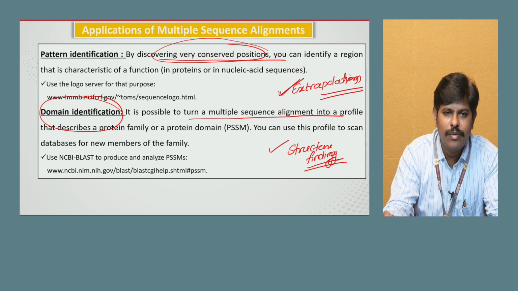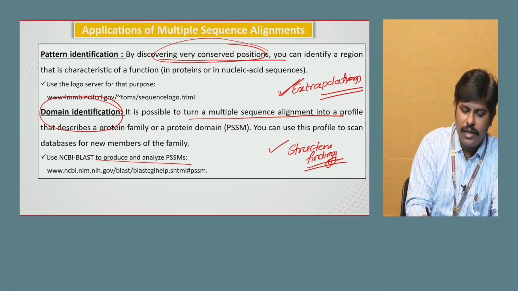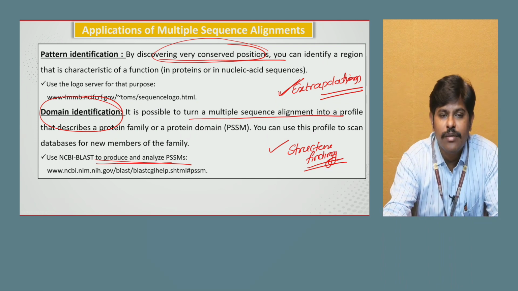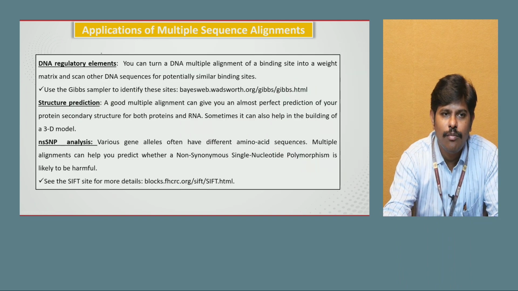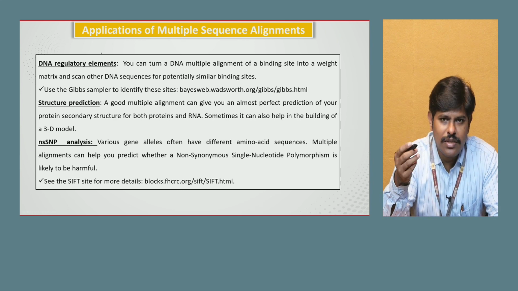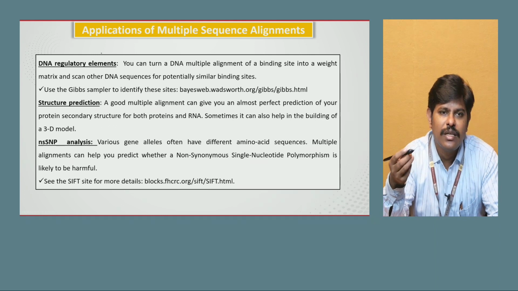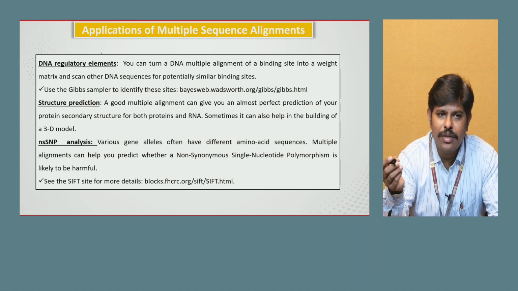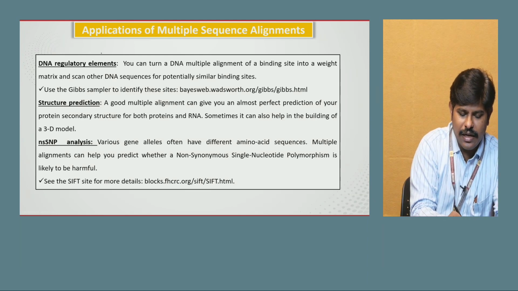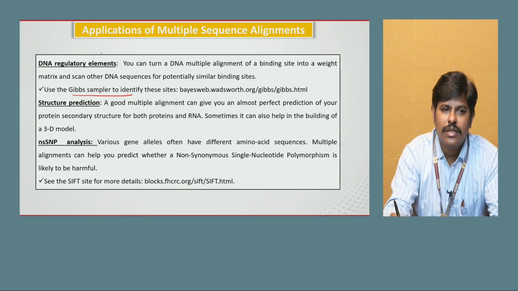You can use NCBI BLAST, PSI-BLAST, for deriving the PSSM for a set of proteins. Similarly, in DNA regulatory elements, the origins of replication, promoters, enhancers, telomeric regions, and centromeric regions can be easily identified using multiple sequence alignment. You may use Gibbs sampling techniques to find out these elements here.